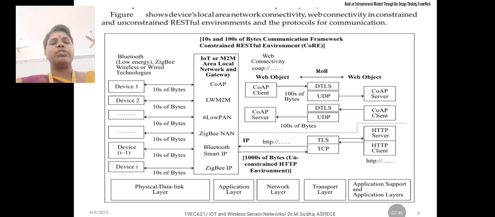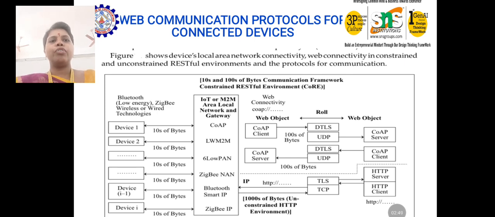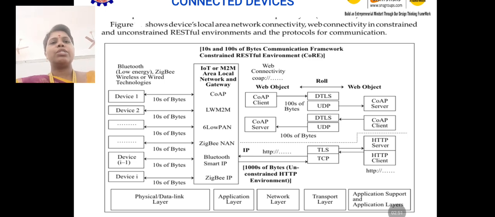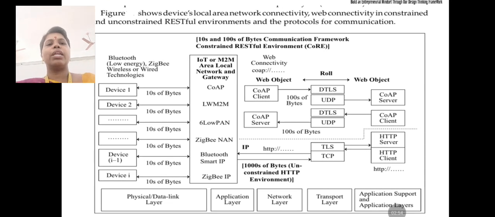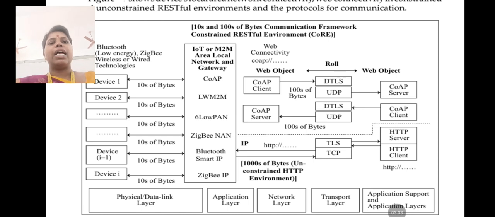This is the main structure diagram of web communication protocol for connected devices. Here we have connected device 1, device 2, up to device n minus 1, with tens of bytes. Here we can use wireless communication protocols such as Bluetooth, Zigbee, Wi-Fi or WiMAX to connect the devices, and the physical data comes under the physical and data link layer. Coming to the application layer, we have IoT, machine to machine, local area network and gateway, with the message communication protocols we have already gone through, such as LoRaWAN and Zigbee.